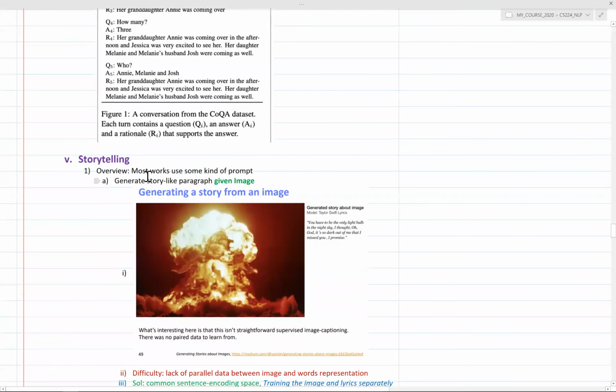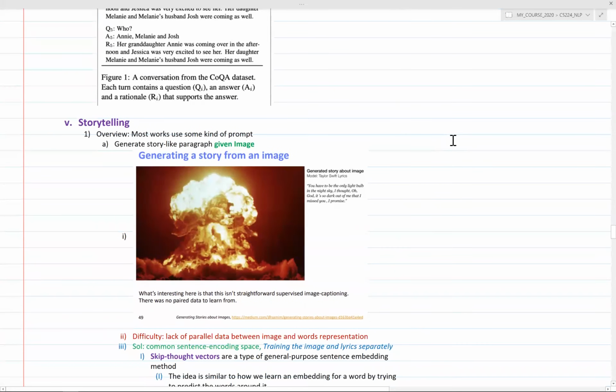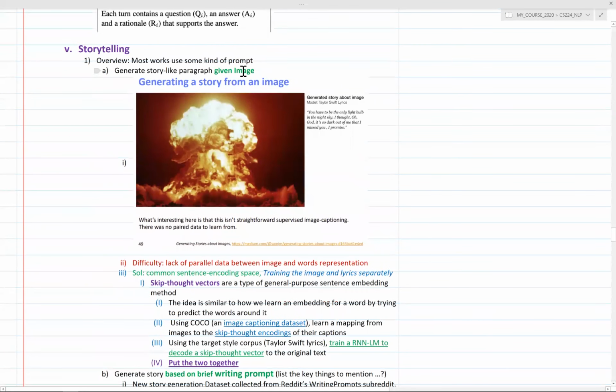Another interesting topic for NLG is storytelling. It has two main ways of doing this. The first is taking an image as an input, and the system generates text from it. The other is going from a prompt, where we enter what we want the system to generate, the topics, the main words, and then it generates the story.